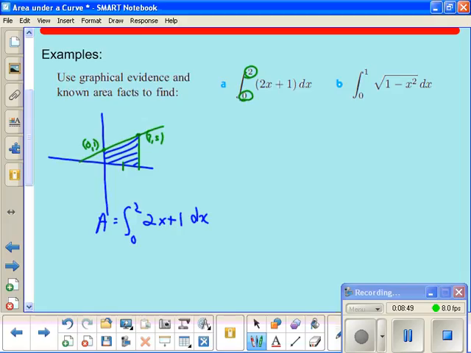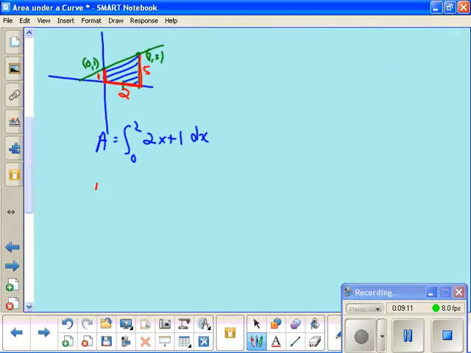So can I find the area under this curve? Yeah, if I know how to find the area of a trapezoid. So I use the area of a trapezoid. How high is this side? That side's 1. How high is this side? 5. What's the distance here? 2. And that's really all I need, because remember, area of a trapezoid is base 1 plus base 2 divided by 2 times the height.